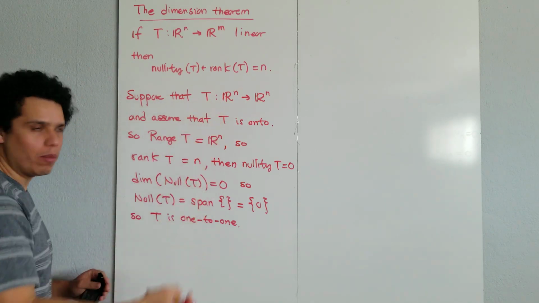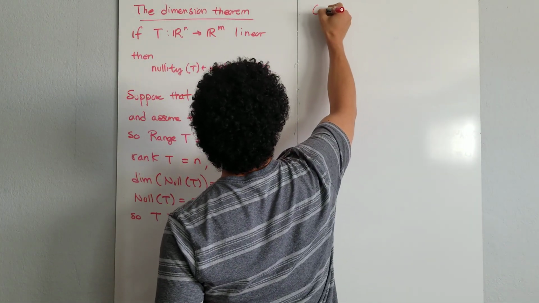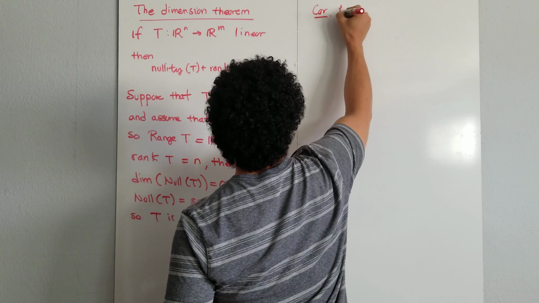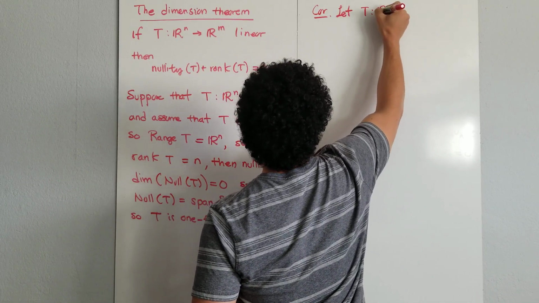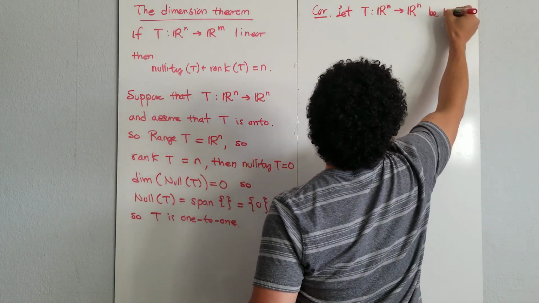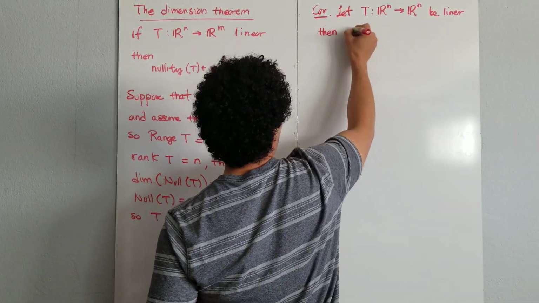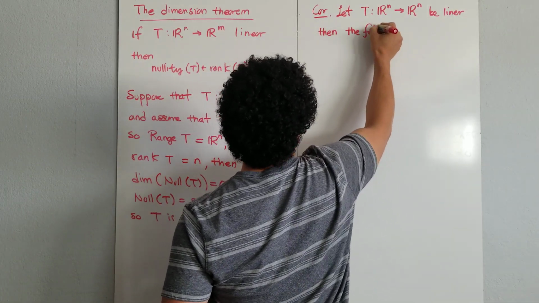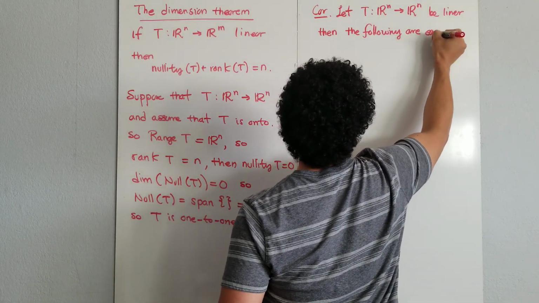So let me just summarize that as a corollary. Let T be a linear transformation from Rn into Rn. Then the following are equivalent.